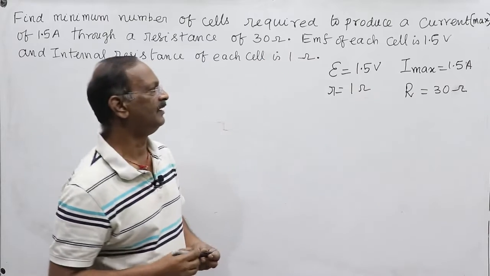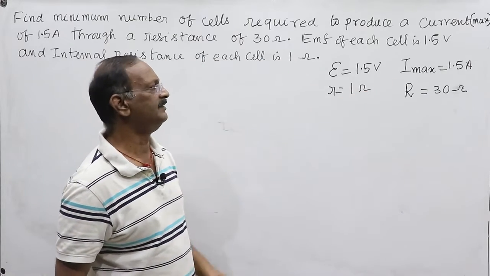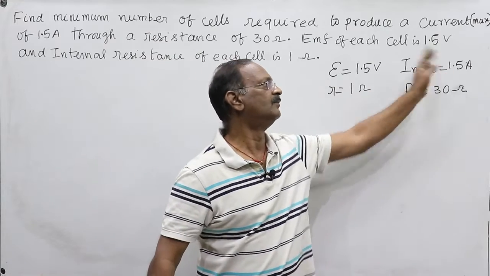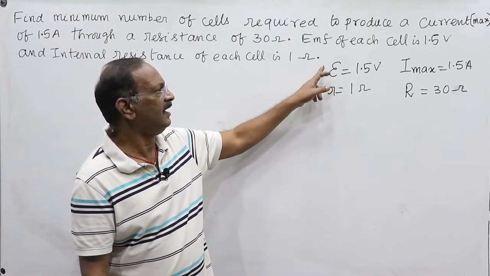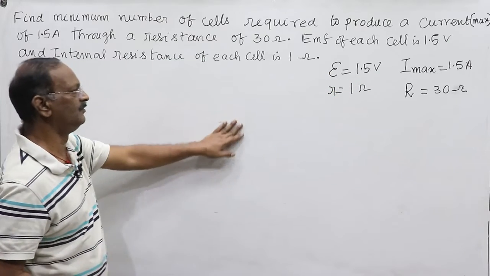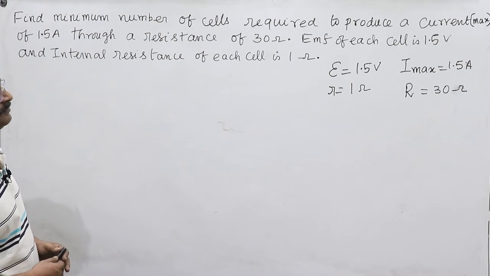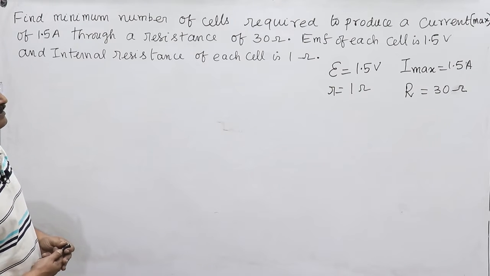It means we have to find out the mixed combination giving a maximum current of 1.5 ampere with identical cells, each of EMF 1.5 volt and r equal to 1 ohm. So we have to find the total number of cells for the mixed combination.